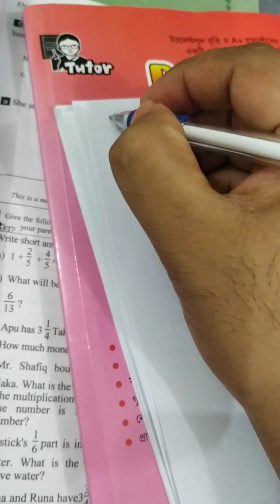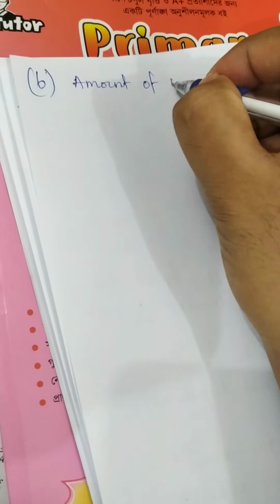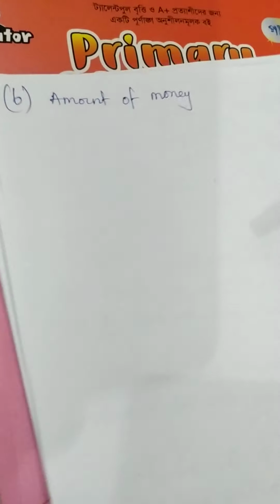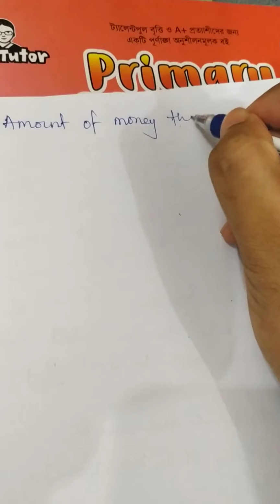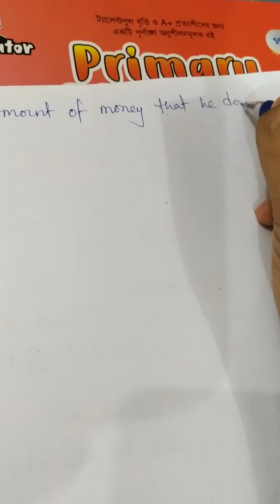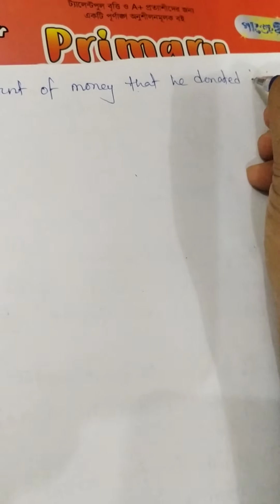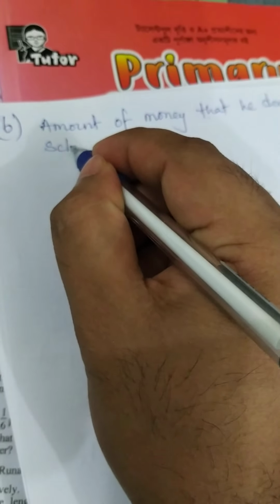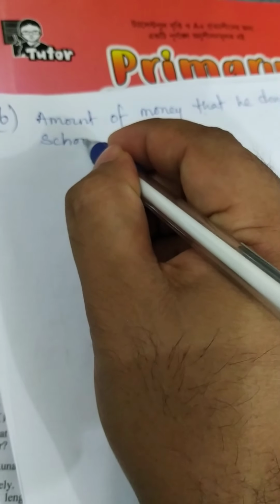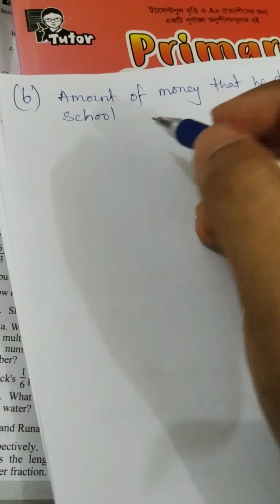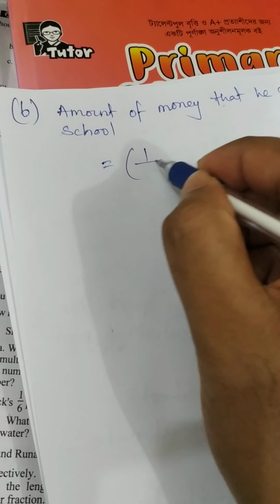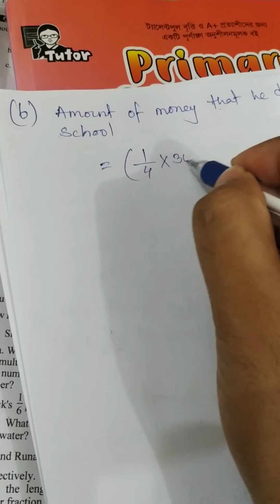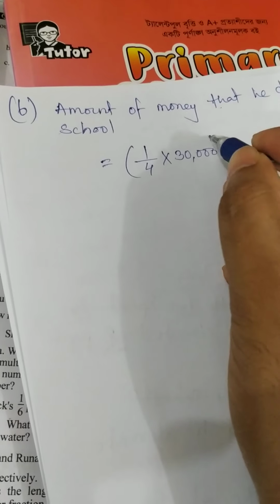So we can write: the amount of money that he donated into school equals 1/4 into 30,000.